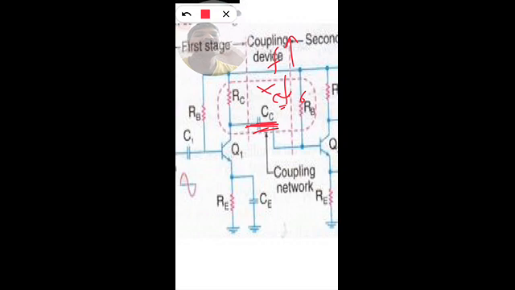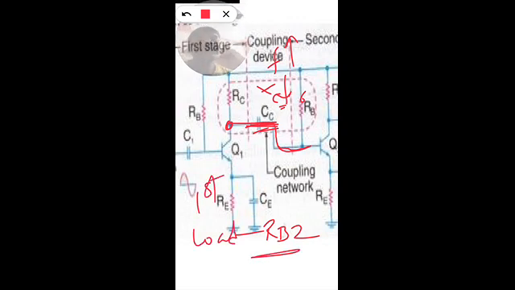So therefore, the input resistance of the second stage will come in parallel with the first stage. The base resistance of the second stage, RB2, acts as a load for the first stage. This is called the loading effect.